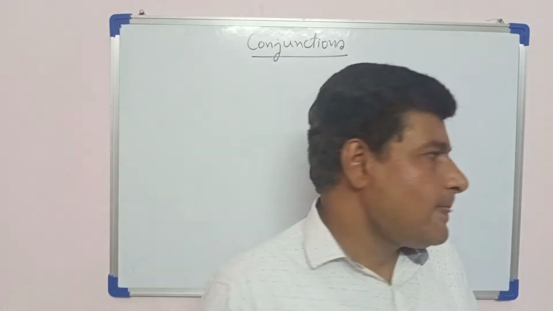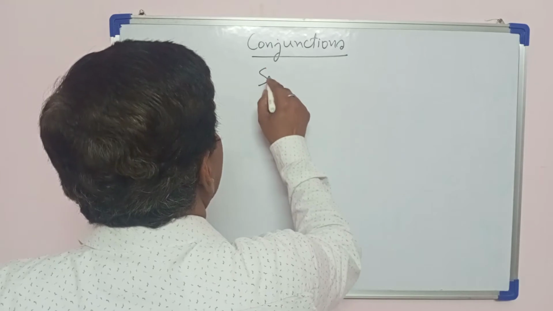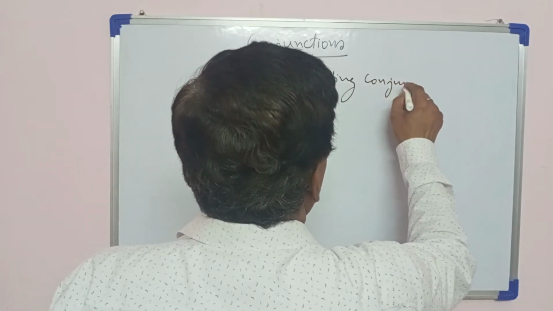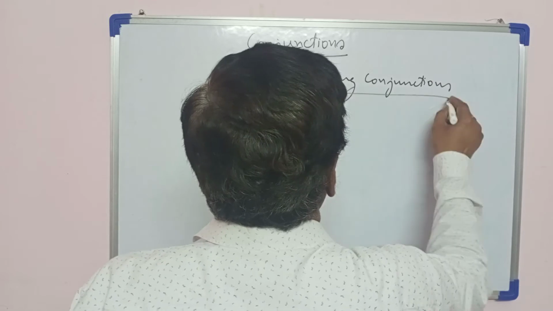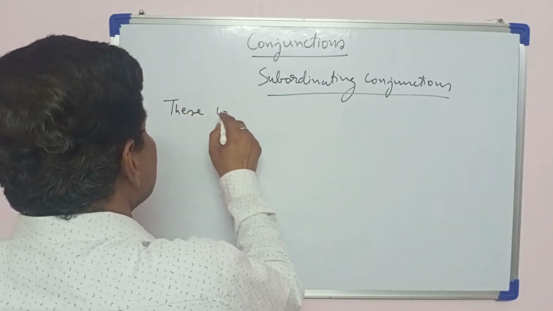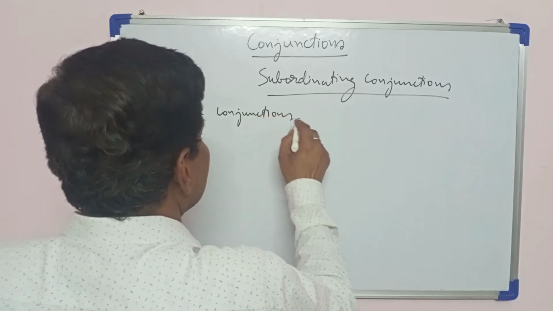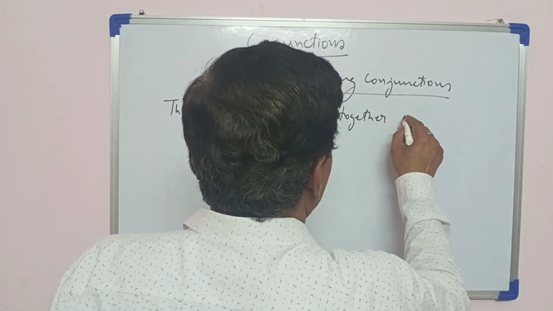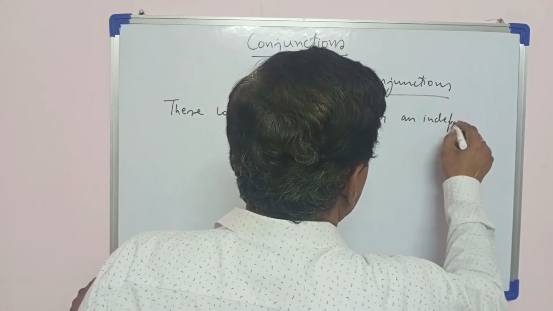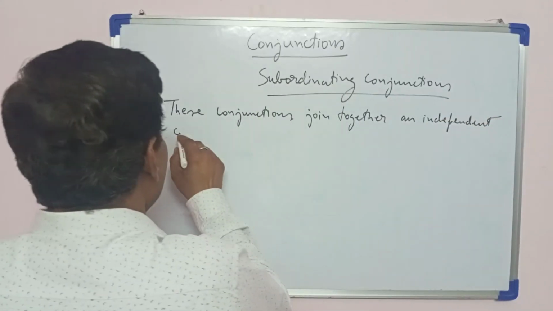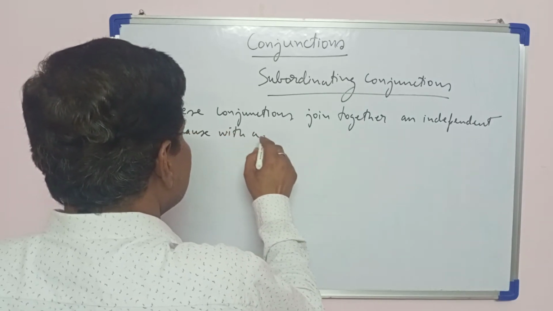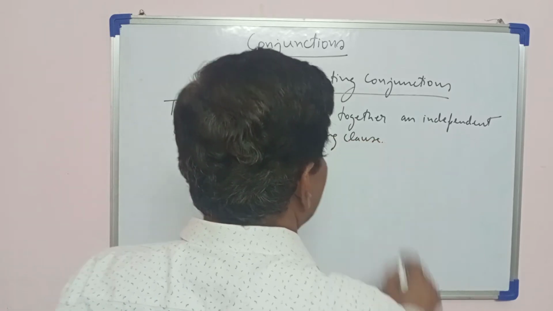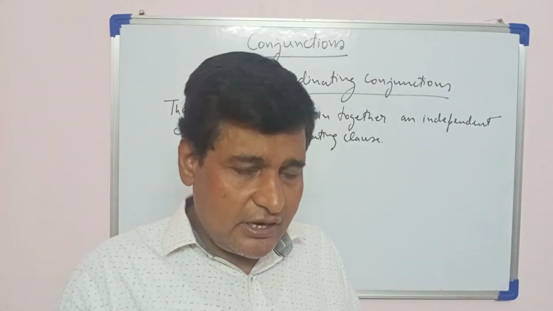So let's understand. Subordinating conjunctions join together an independent clause with a subordinate clause.